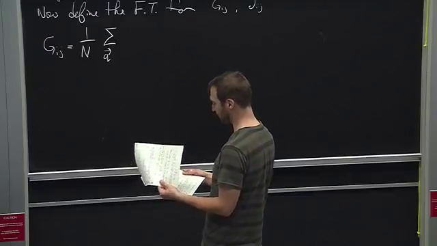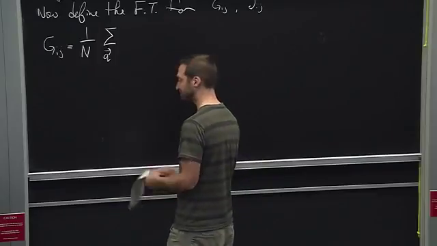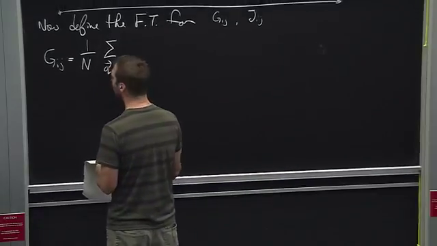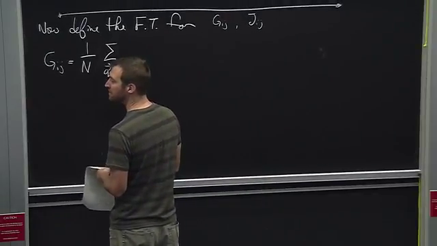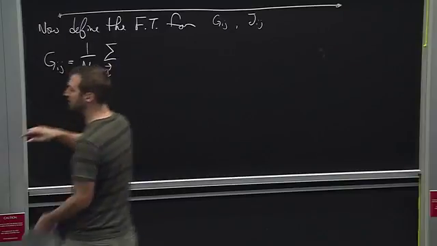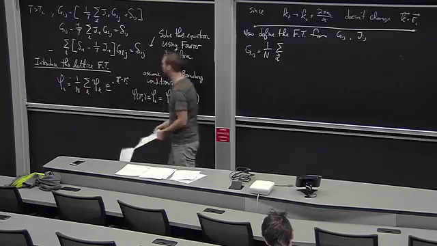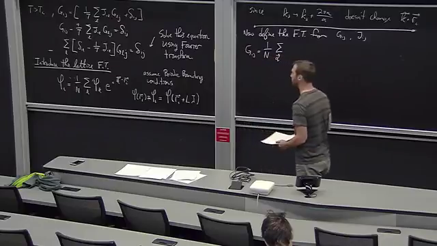Otherwise, I'll forget farther down. So Q is just K here. So I need to define this G in Q space, which is the object that I'm actually going to solve for.